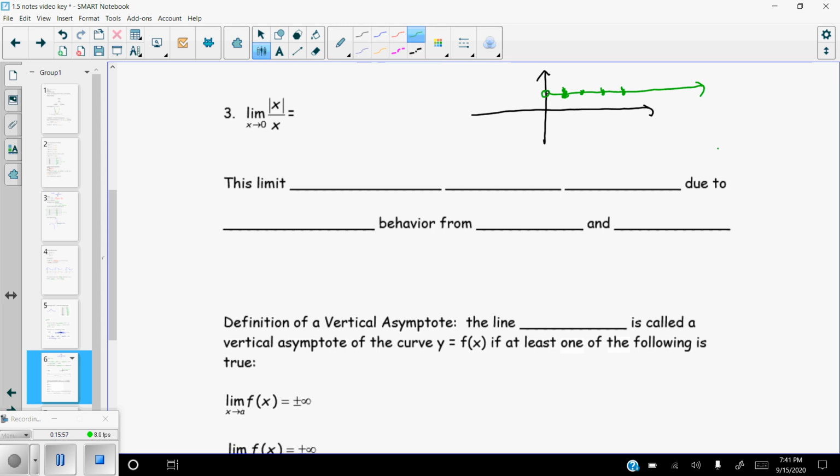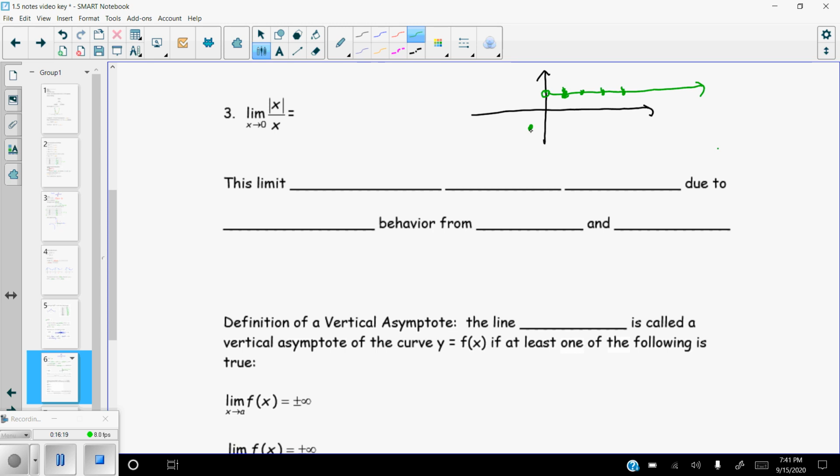Now what happens when I go to the left of 0? Because there's a possibility of having the graph to the left of 0. Well, if I plug in -1, the numerator becomes positive, but the denominator is still negative. So I would get +1 over -1, which is -1. So when x is -1, y is -1.